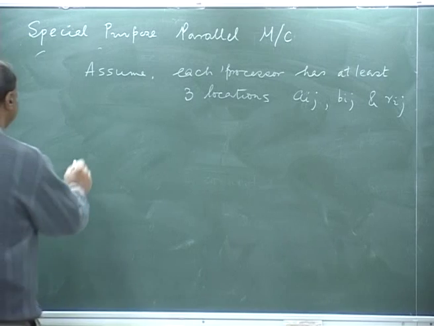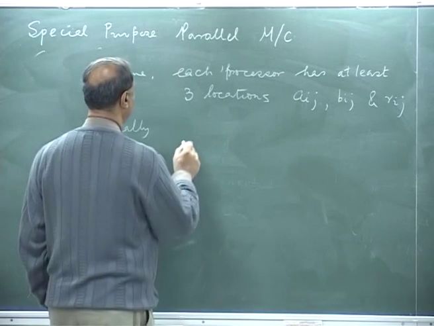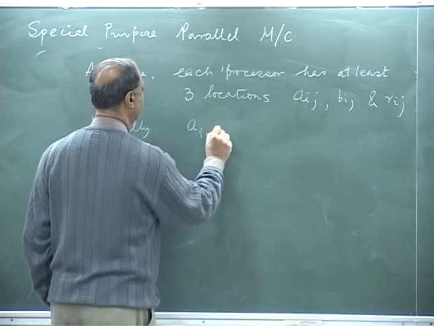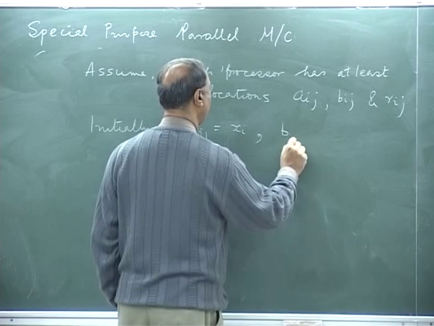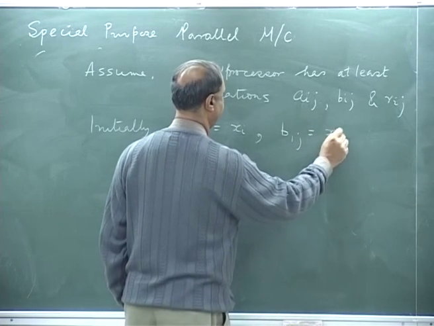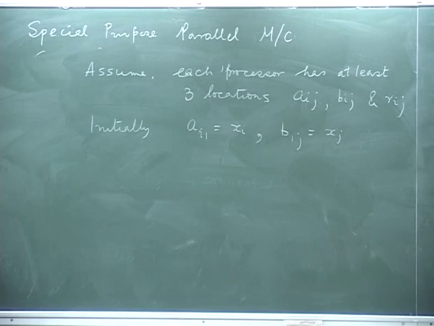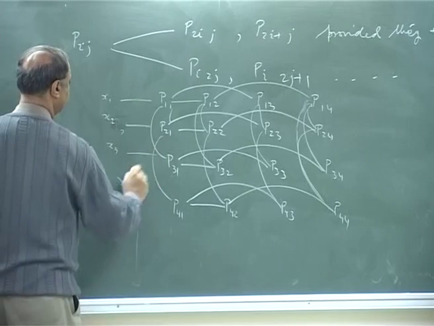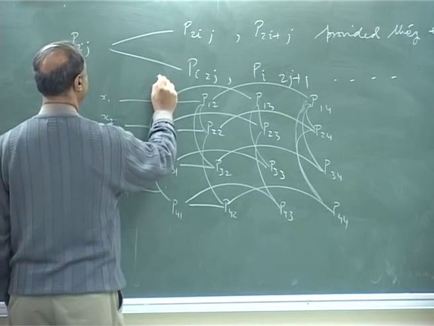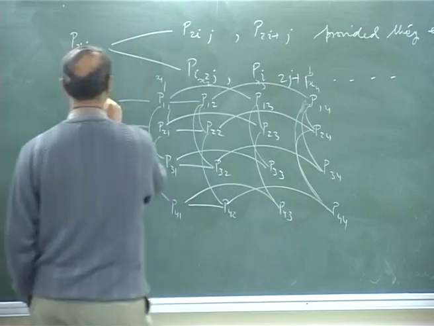Initially, Ai1 is xi and B1j is xj. That means here you have x1, x2, x3, x4, and here also x1, x2, x3, x4. These are the B elements, and these are the A elements.